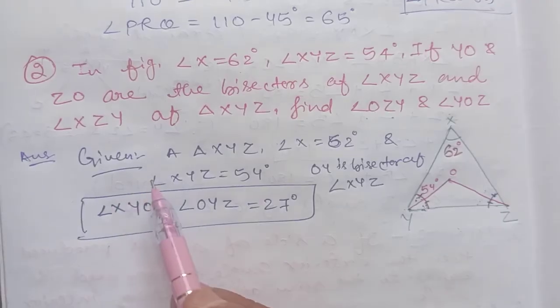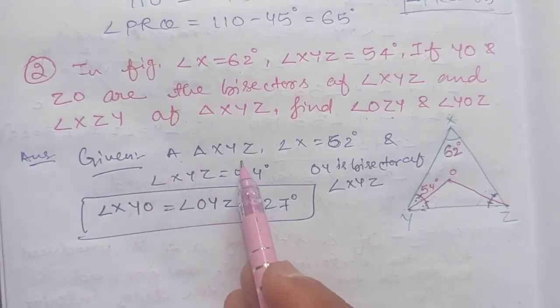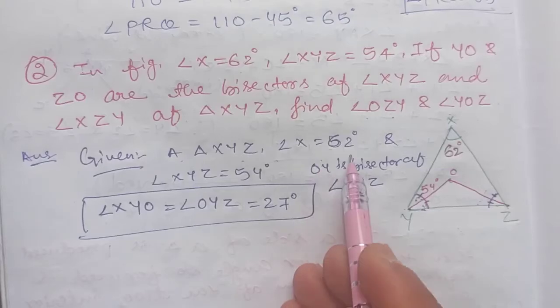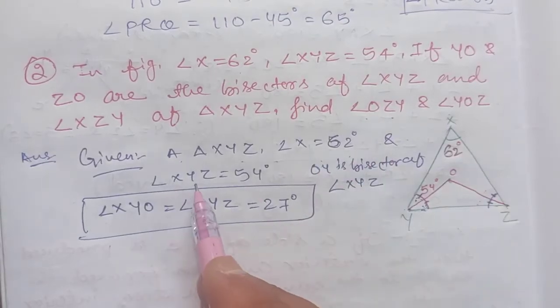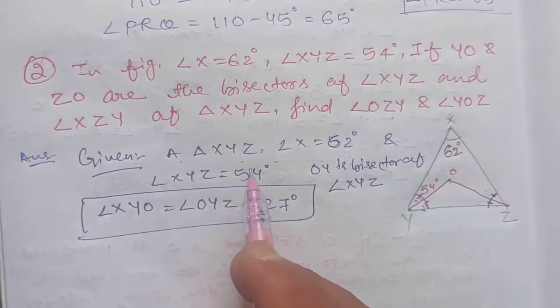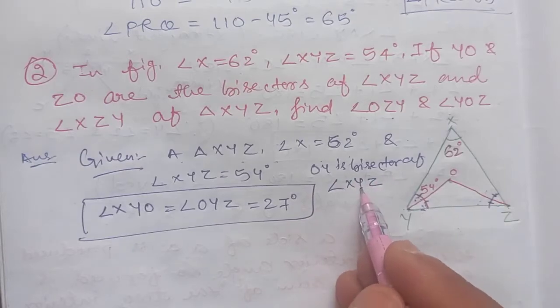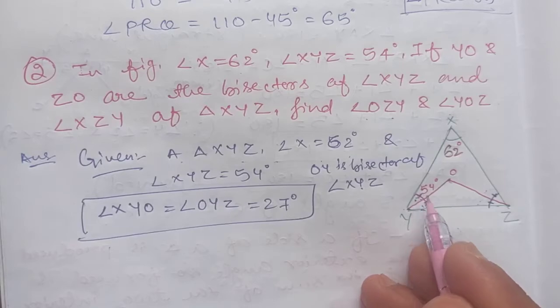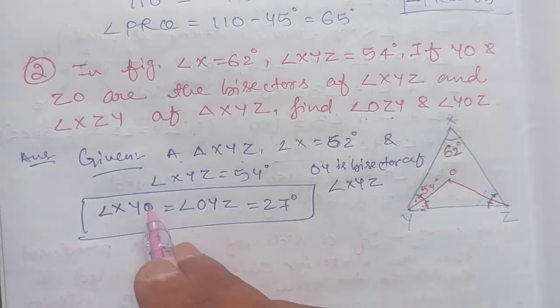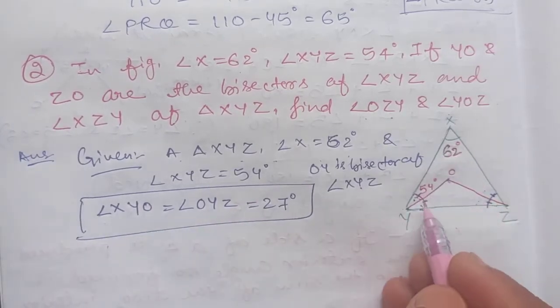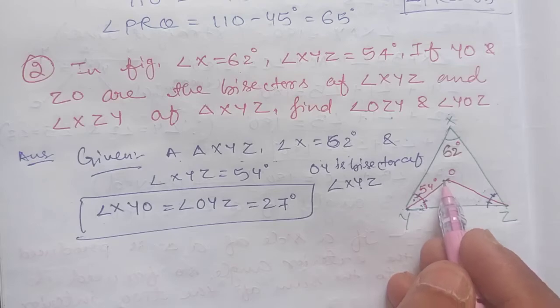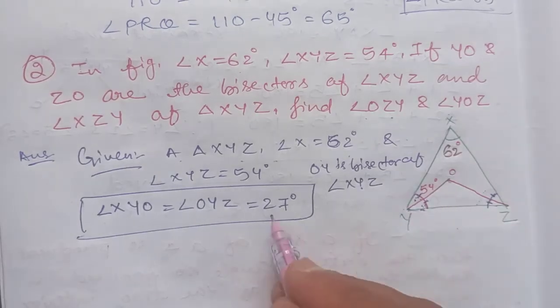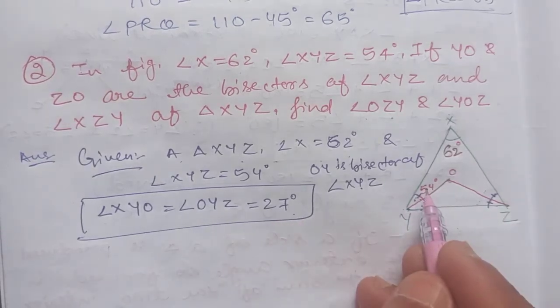What is given in the question? In a triangle XYZ, angle X equals 62 degree and angle XYZ equals 54 degree. OY is the bisector of angle XYZ. So these two are equal half angles. That means angle XYO equals angle OYZ equals 27 degree. Half of 54 is how much? 27 degree.